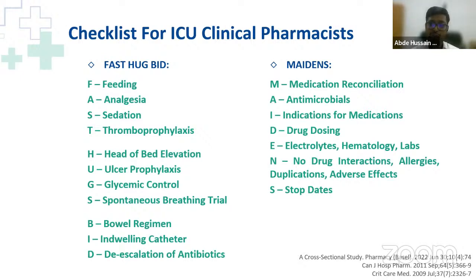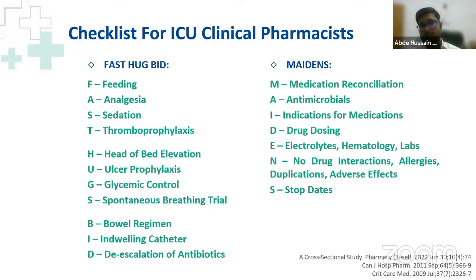Whether the sugars are in control, what is the current status, are we giving insulin IV, are we switching to subcutaneous, or now can we go for OHAs. Spontaneous breathing trial, that is more for the mechanically ventilated patients. Bowel regimen, whether the patient has passed motions or not, which we can correlate with whether there is any GI motility or not. Indwelling catheters, another risk for infection, and de-escalation of antibiotics.